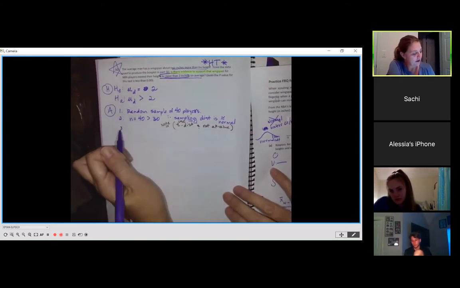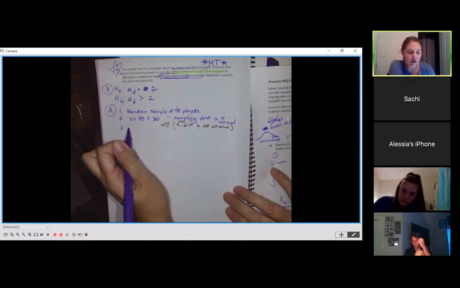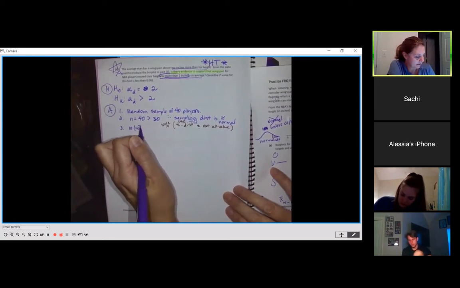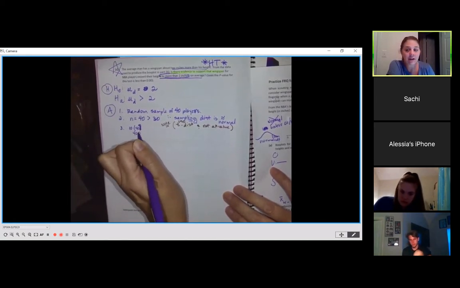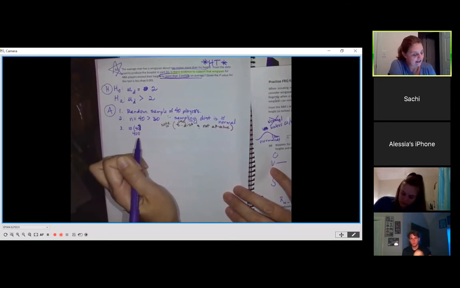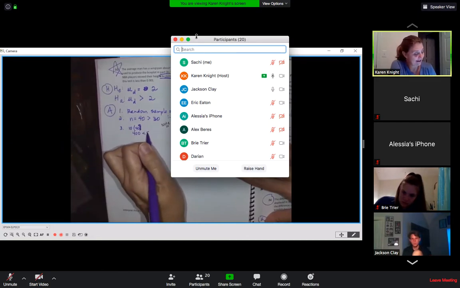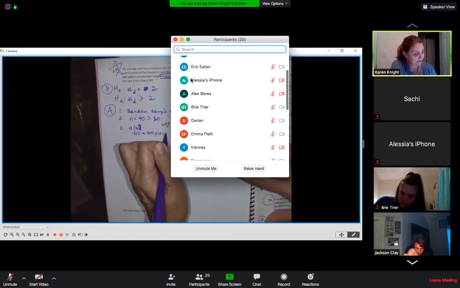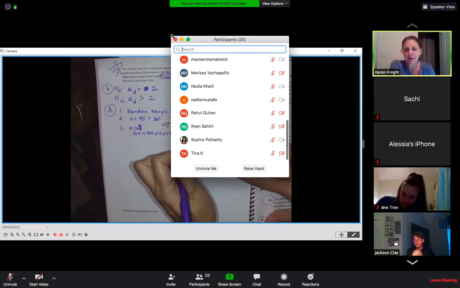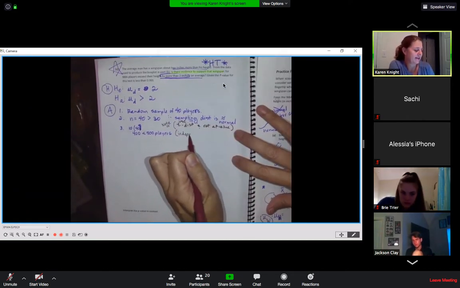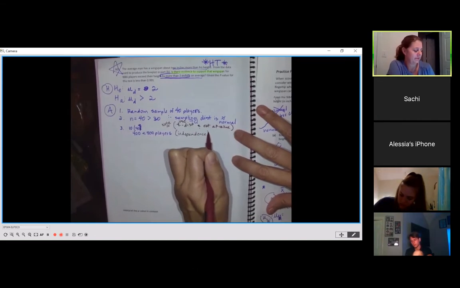Okay, and then our third one is that 10% condition, so 10 times your sample size. So that's 400. And they told you the league's roster of 500 players, so that's less than 500 players. So that is your condition for independence, if you care. But again, it's not really a check, like you were asking me earlier.